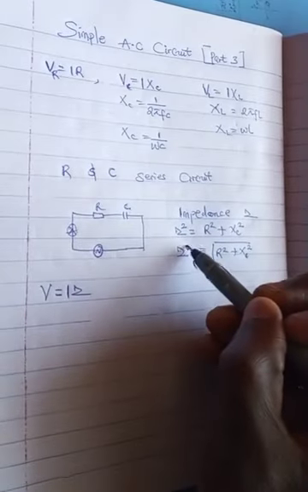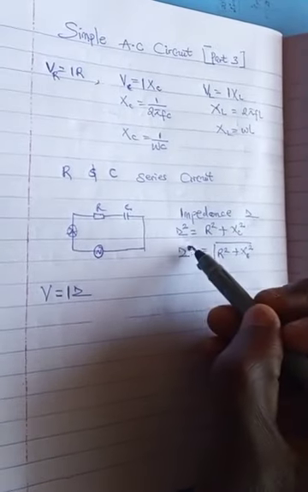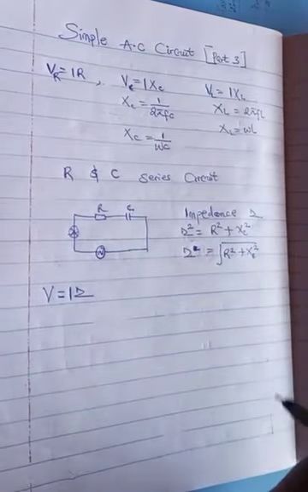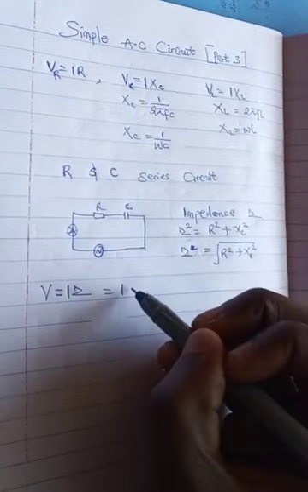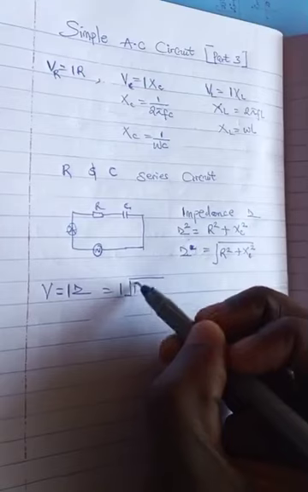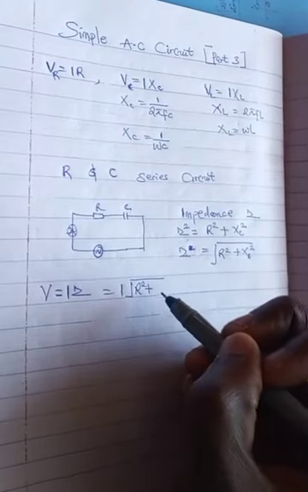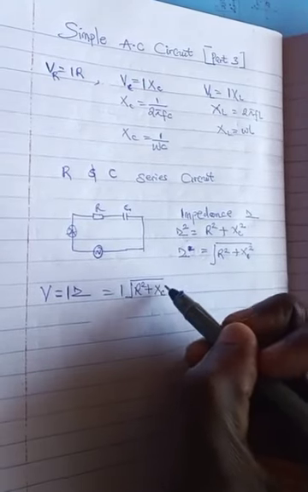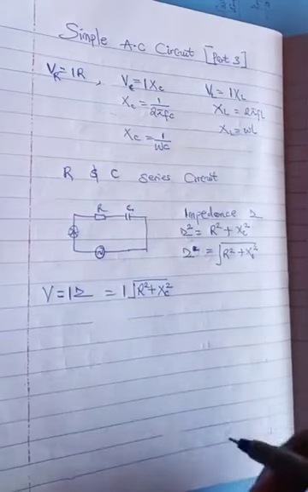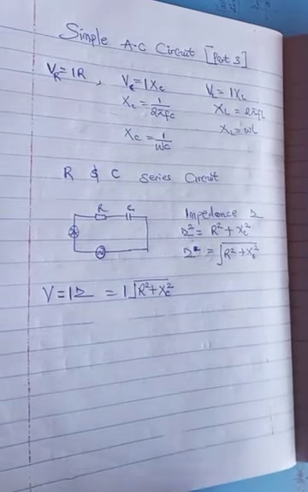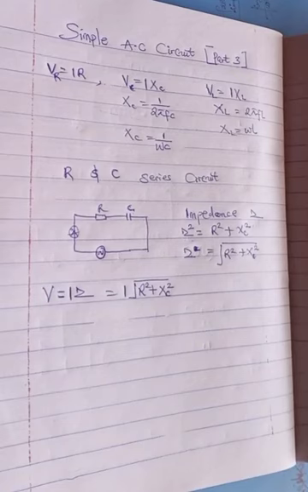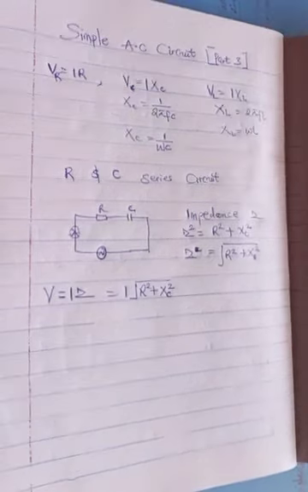Sorry, this is Z, not Z squared. So V can be written as current times the square root of resistance squared plus capacitive reactance squared. So that is that for a resistor and capacitor in a series circuit.